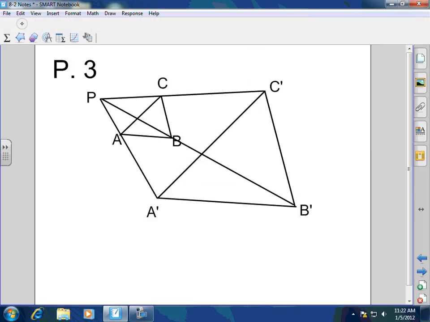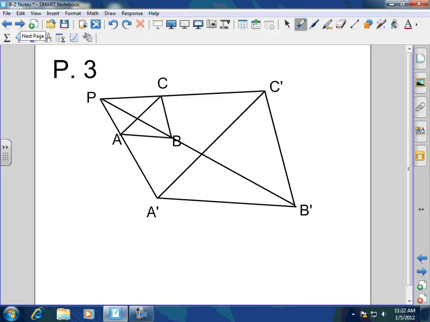Yes, sir. Thank you. Okay, last but not least, in this diagram, okay, segments PA, PB, and PC are drawn to the vertices of ABC from an external point P. Okay, so we have this ABC.